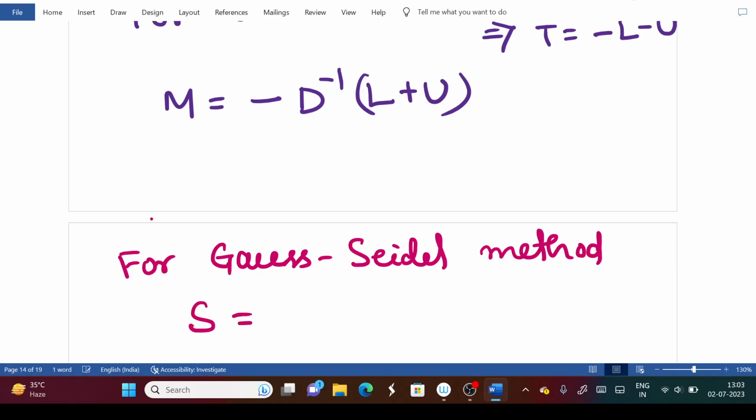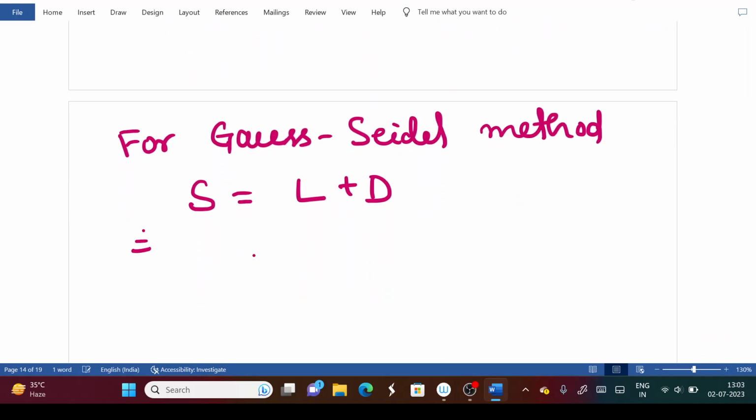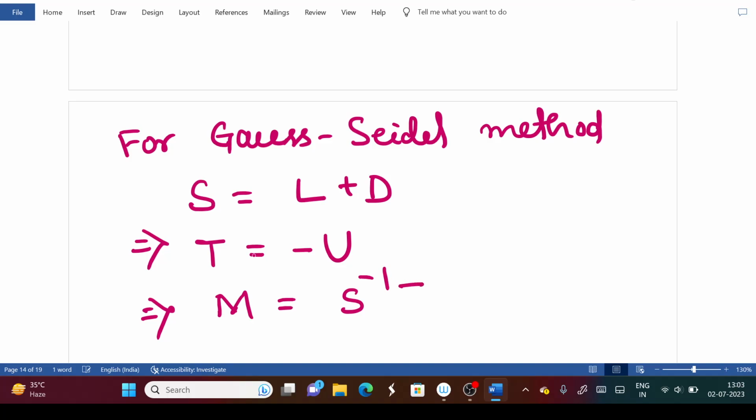S is equal to L plus D, which implies T is equal to minus U, which implies M is equal to S inverse T, that is minus of L plus D inverse into U. Okay, these are the two methods.